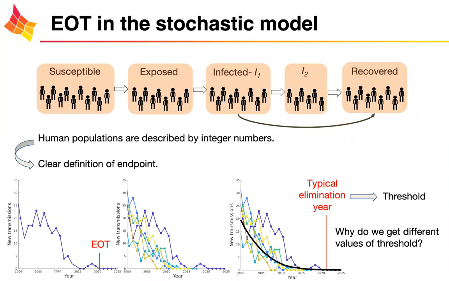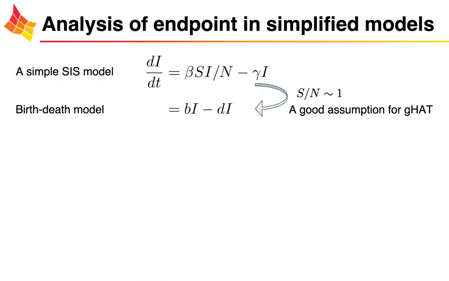Yeah, here actually we came up with different values of thresholds, and that's why we decided to start with a simple approach to understand better what it means and how we can estimate the extinction time in a deterministic model.